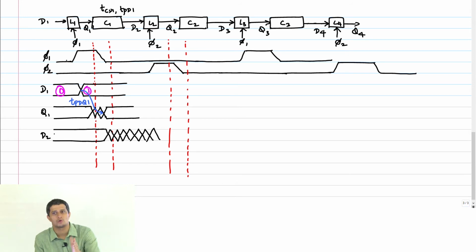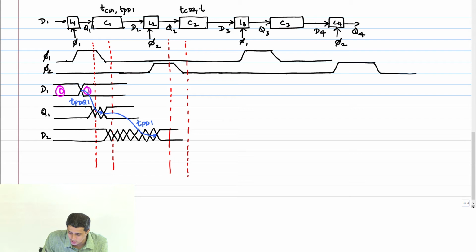Same logic that you apply for L1, you also apply to L2, right? Therefore, this change is going to take it right in. Okay, and this delay is what? Propagation delay for block 1, TCD1, TPD1, correct? And this block is what? TCD2, TPD2, right?